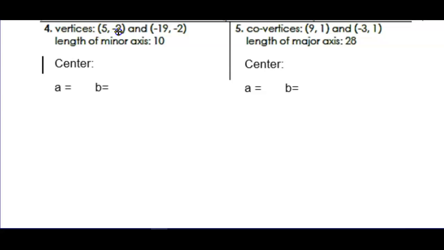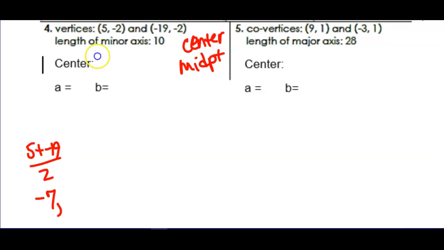Oh, tricky. If we know the vertices, where's the center? Well, the center's always at the midpoint. So just like we did with circles earlier today, you're going to have to add and divide by 2. So 5 plus -19 is -14 divided by 2 is -7. And -2 plus -2 is -4 divided by 2 is -2 because they're lined up from each other.